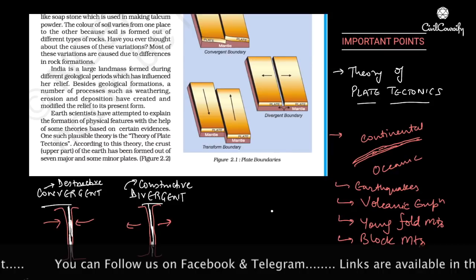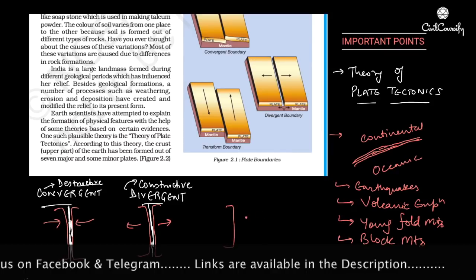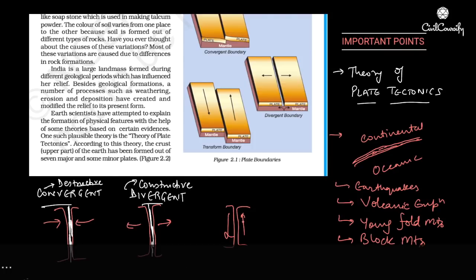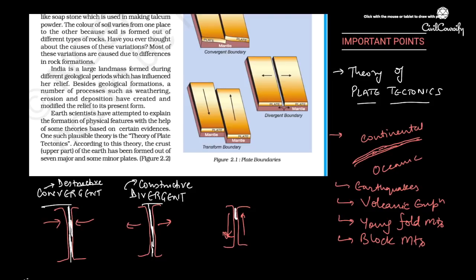The third one is a phenomenon when they neither go away from nor come towards each other. In fact, they rub against each other in opposite directions or in the same direction. This friction that has been caused, this phenomenon, is known as transform boundaries.